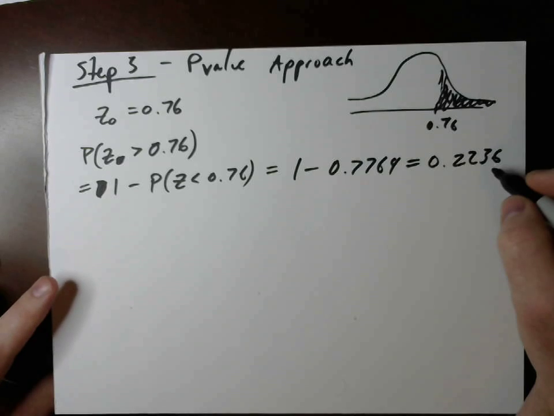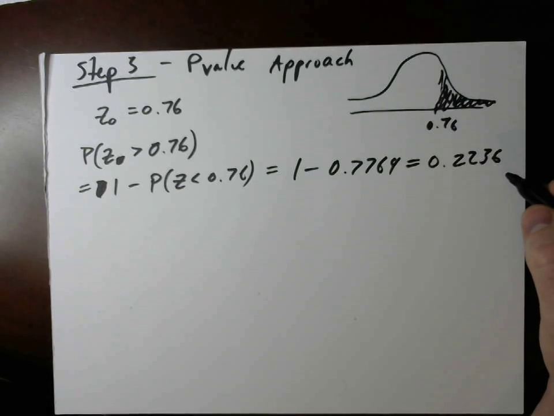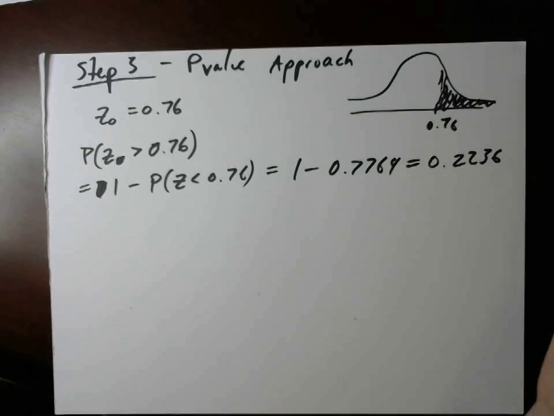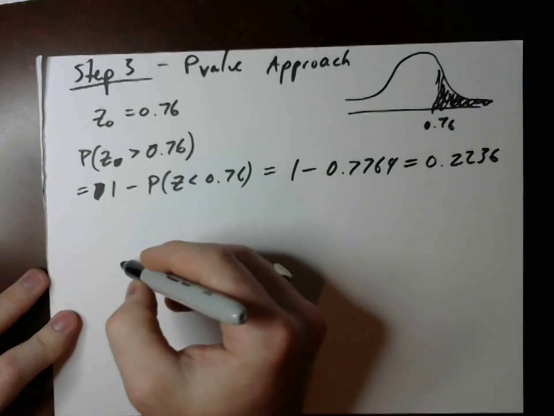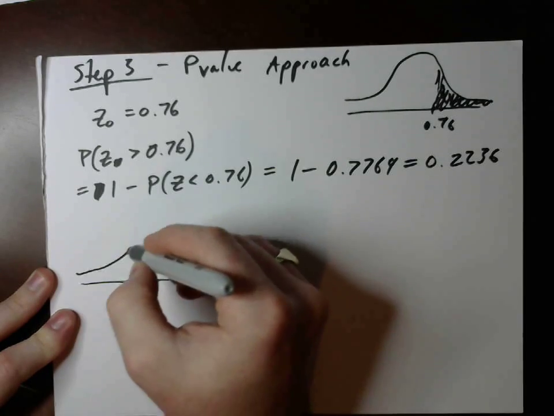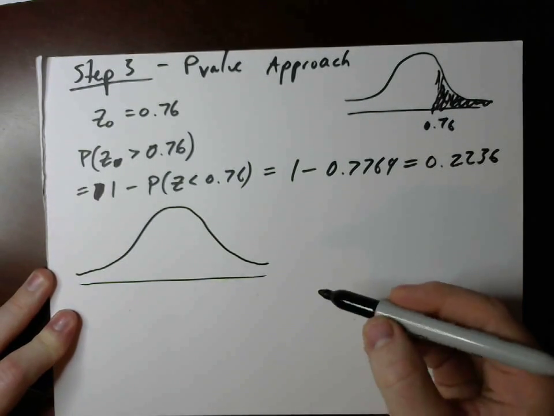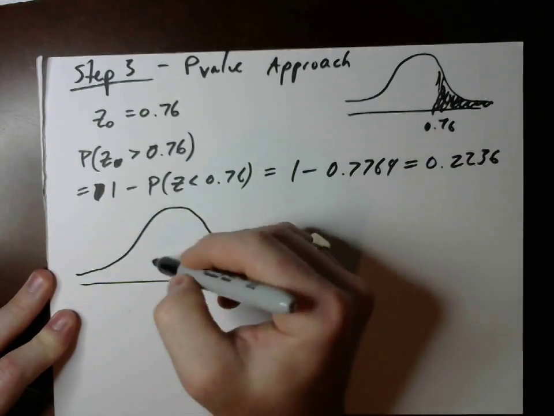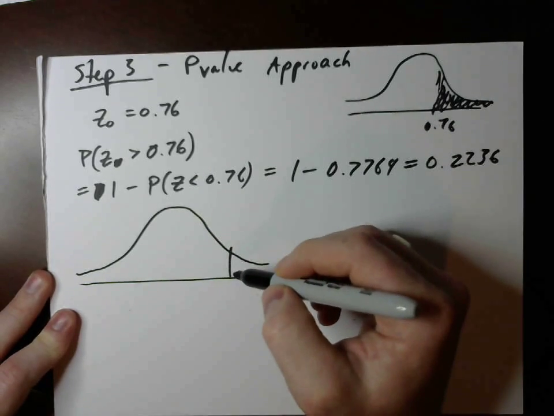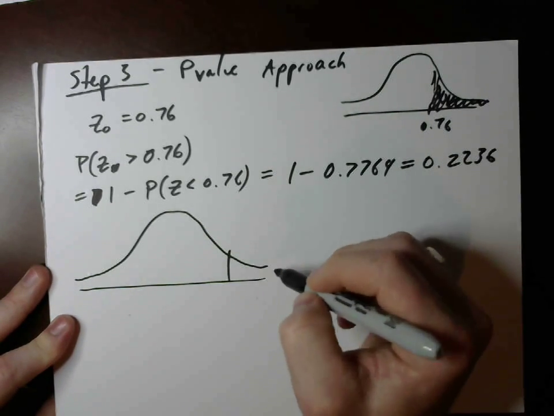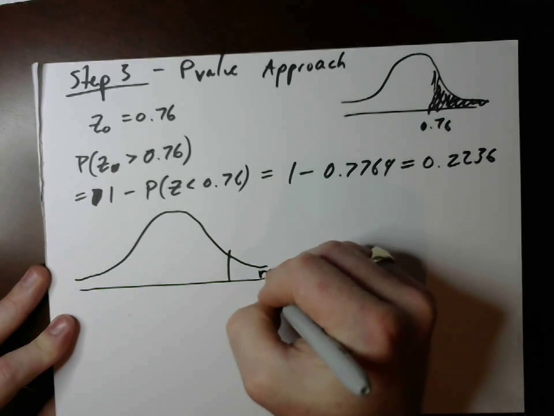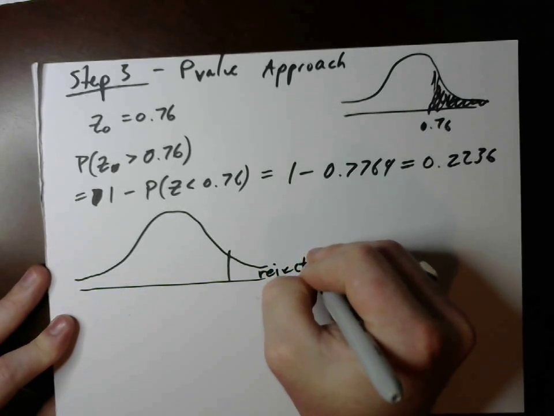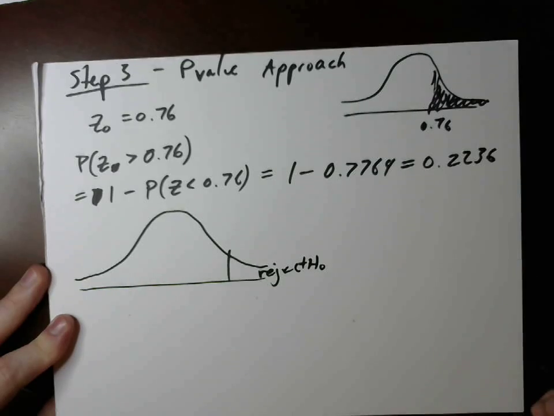So there's our p-value. Now, what we're interested in is comparing it. I'll draw a picture again to refresh. Since we're doing a right tail test, anything to the right is in the rejection region: reject H0.